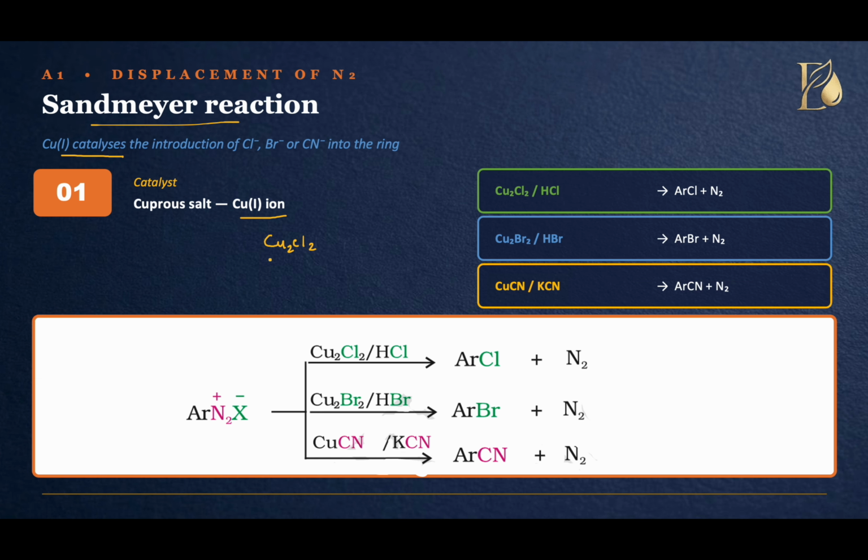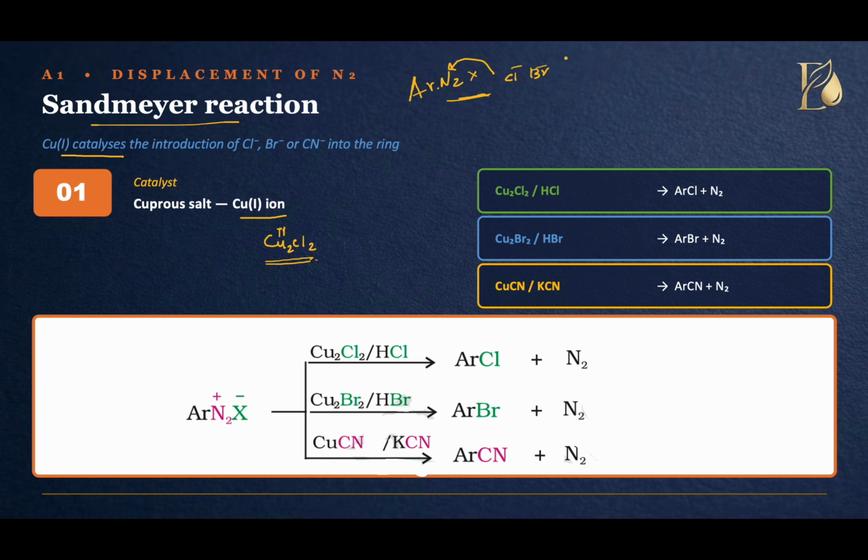This is a cuprous salt, where each copper atom is in the +1 oxidation state. This cuprous salt acts as a catalyst, and from the aryl diazonium salt ArN2X, it removes the N2 and replaces it with another group such as chloride, bromide, like that.